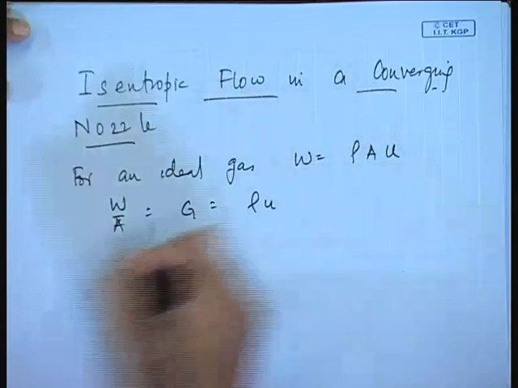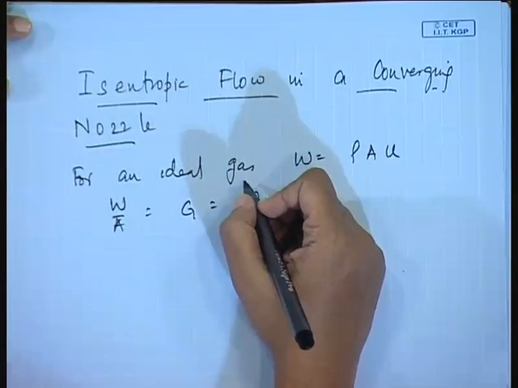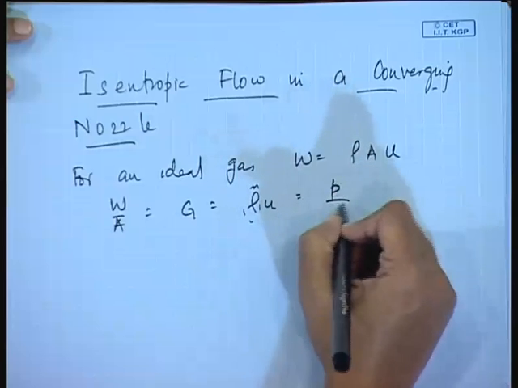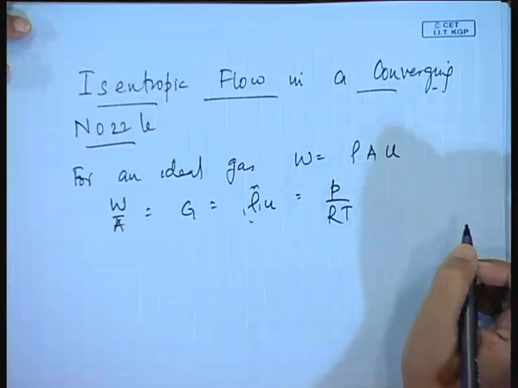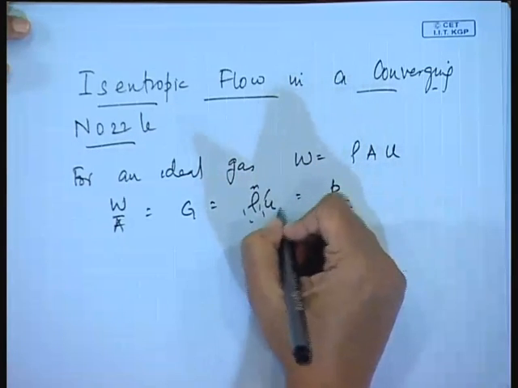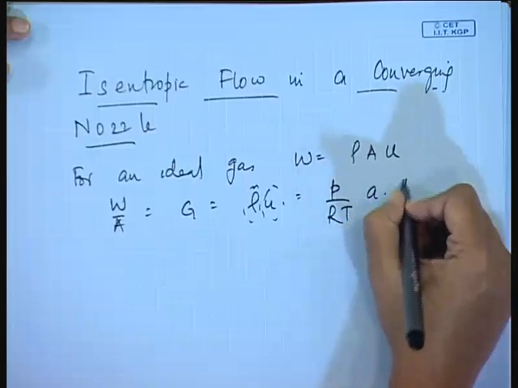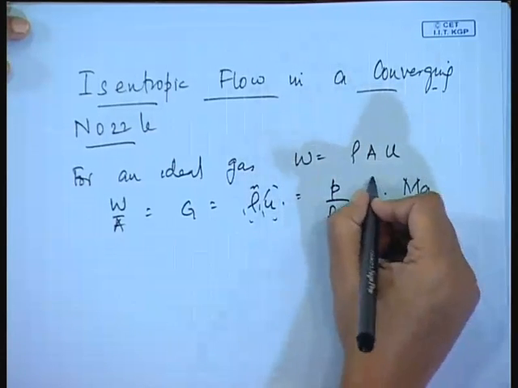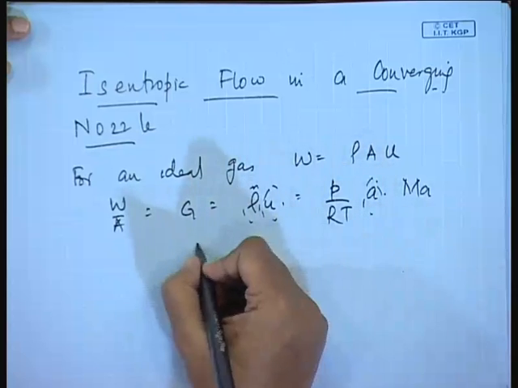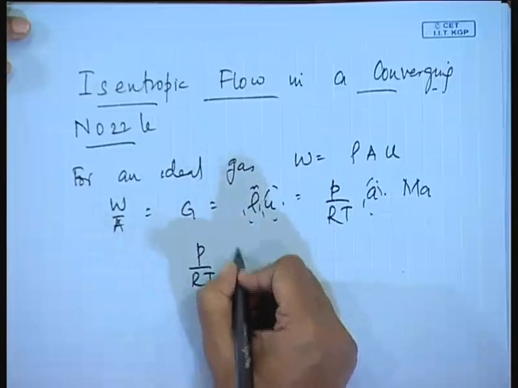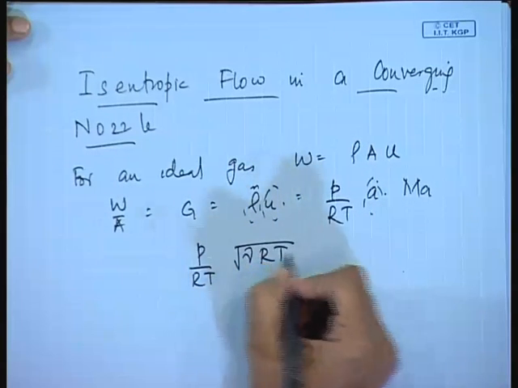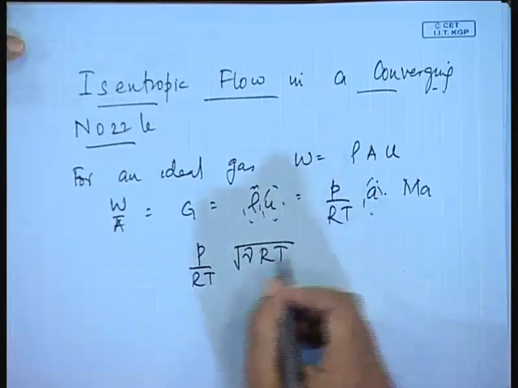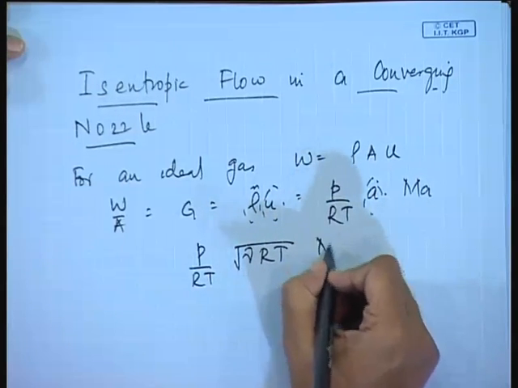Now, since we have already assumed it to be an ideal gas, this rho can be written as P by RT, yes or no? This u can be written down as a into Ma, agreed? This a can be written down as root gamma RT, into Ma, of course.